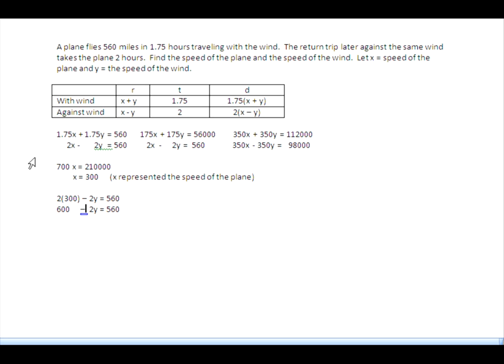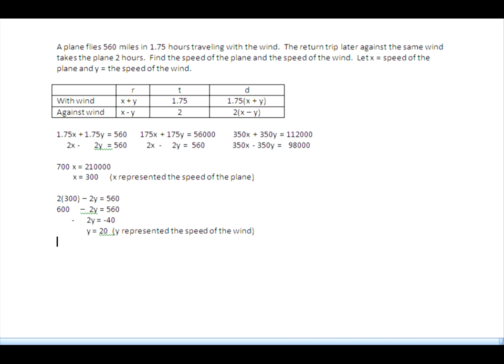And then we'll subtract the 600 from both sides. So minus 2y is equal to negative 40. And then we'll divide both sides by negative 2. And so y is equal to 20. And y represented the speed of the wind.